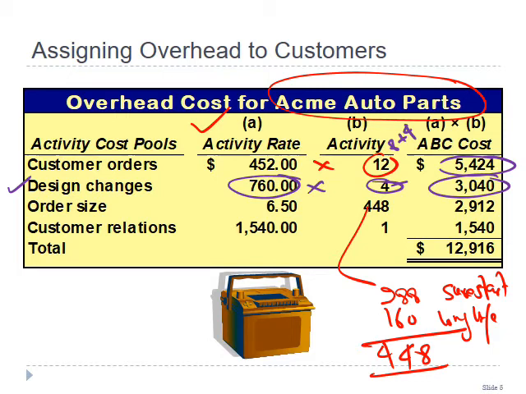The order size rate is there, and that's why we have here 2,912. And the per customer relation cost is $1,540. You multiply by one customer here. So the answer is that the total overhead cost for Acme Auto Parts is 12,916.